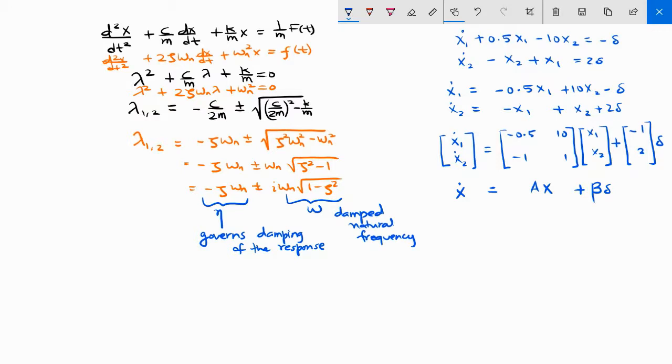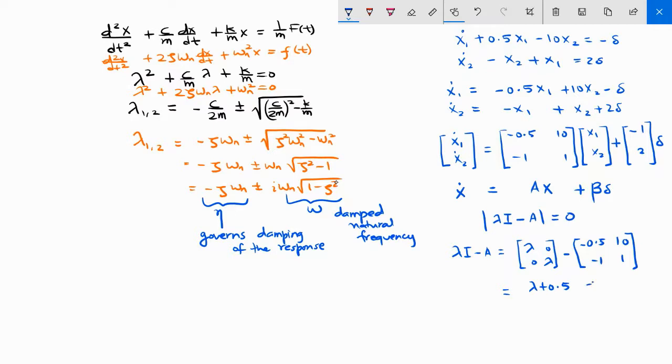Okay, so to find the eigenvalues for this system, you need to solve the following equation: the determinant of λI - A = 0, where I is the identity matrix. So let us first expand this λI - A. It is equal to [λ, 0; 0, λ] minus the A matrix, which is [-0.5, 10; -1, 1]. That gives us [λ + 0.5, -10; 1, λ - 1].